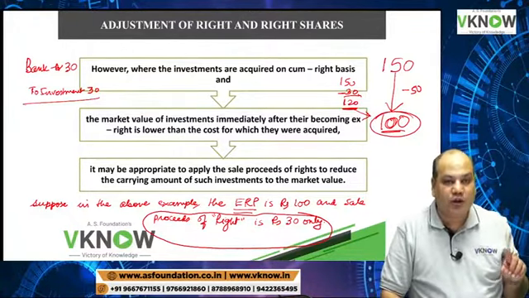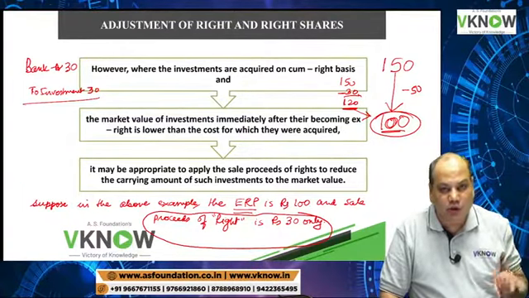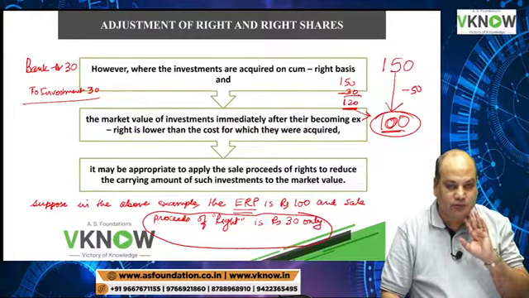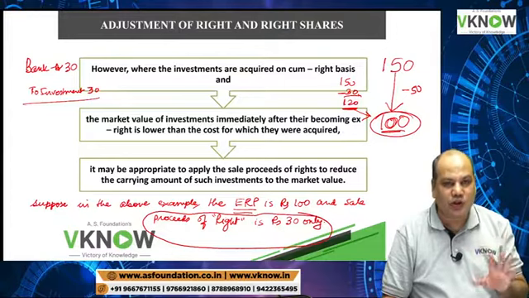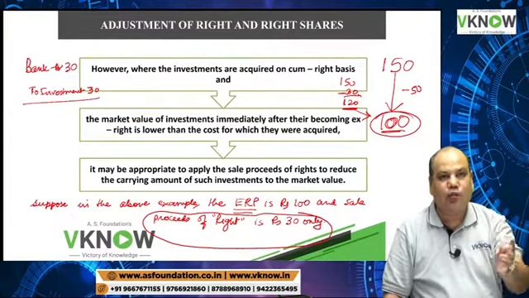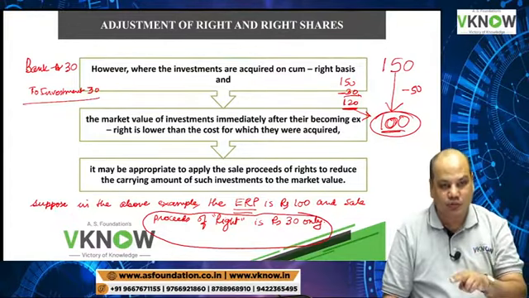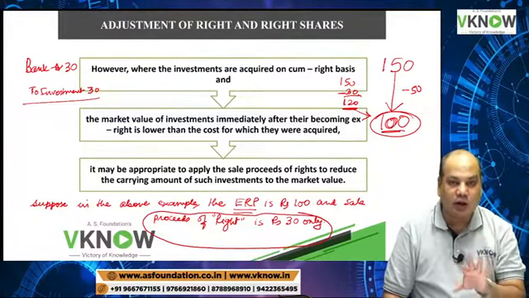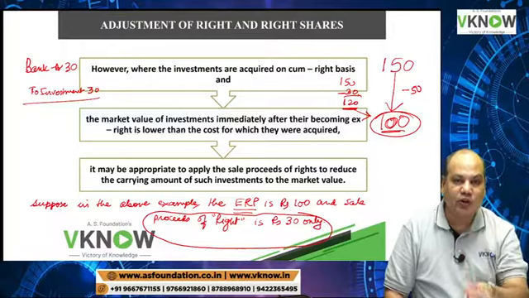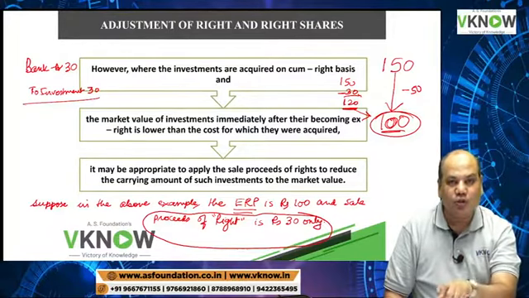Then we have to check whether it is a current investment or a long-term investment. If it is current investment, then I will apply the rule cost or market value, whichever is lower, and I will have to write down 20 rupees more. But if it is a long-term investment, again I have to check whether this decline is temporary or permanent.